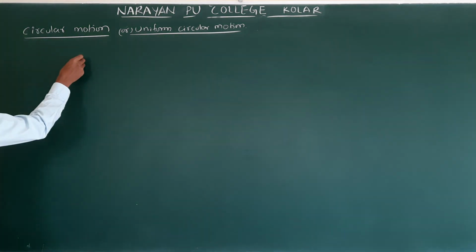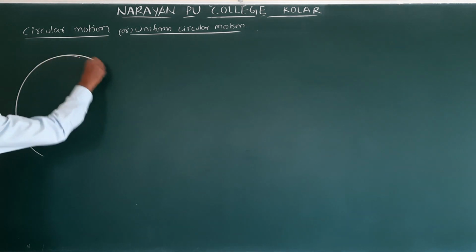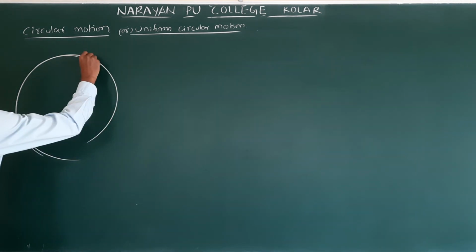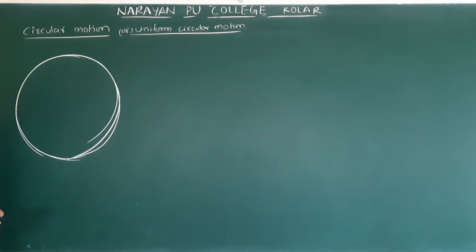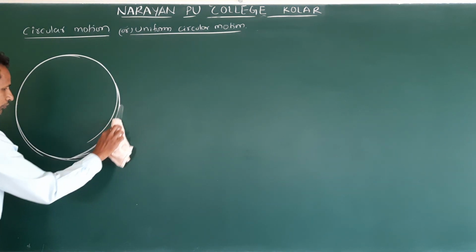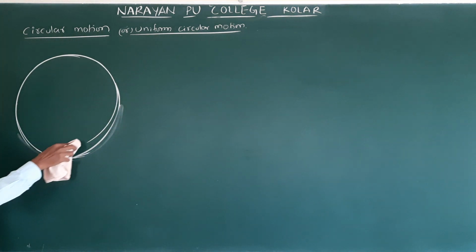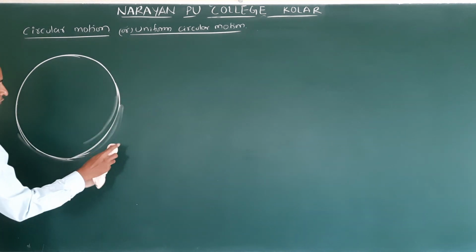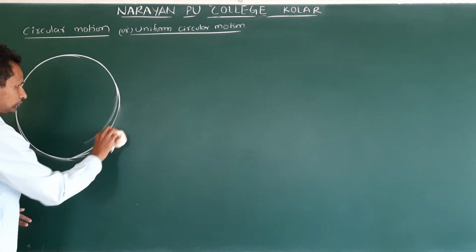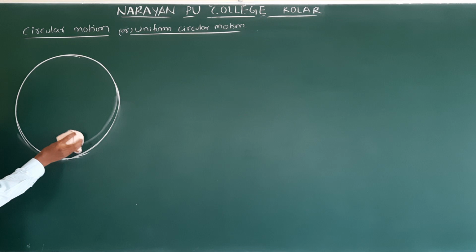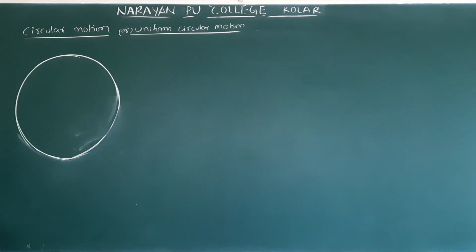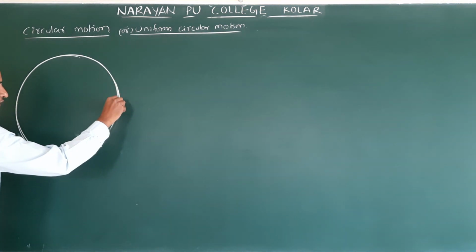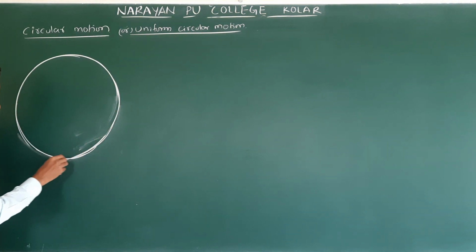So the object is revolving like this one, moving in a circular path with a constant speed.